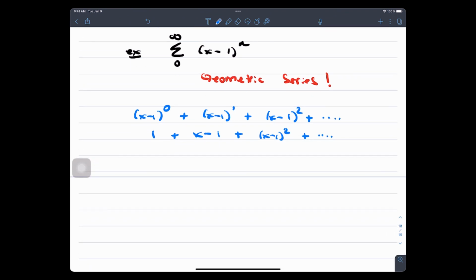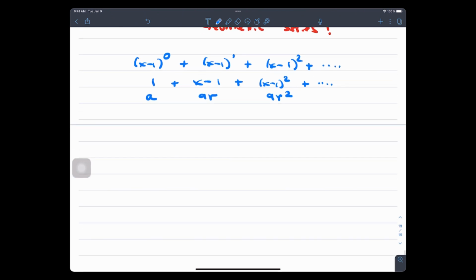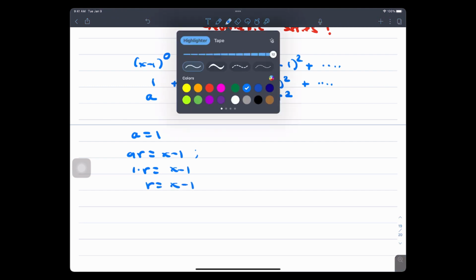Okay? So you have our A, this is AR, this is AR squared. This is a geometric series. So if A is 1, AR is x minus 1, doesn't that mean 1 times r is x minus 1, or my radius is going to be what again? X minus 1.